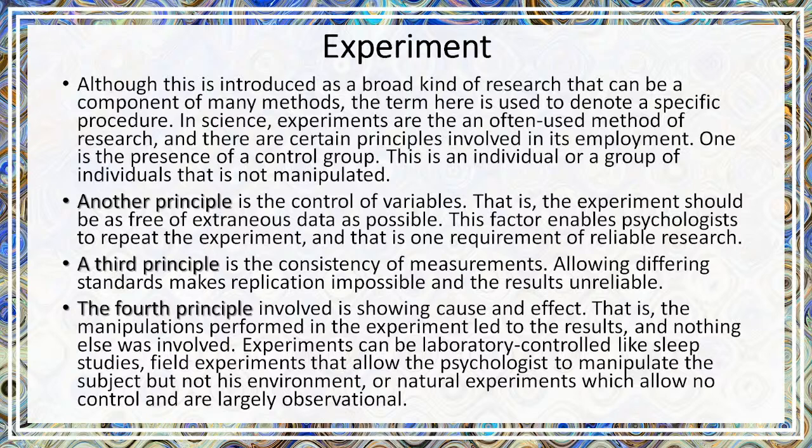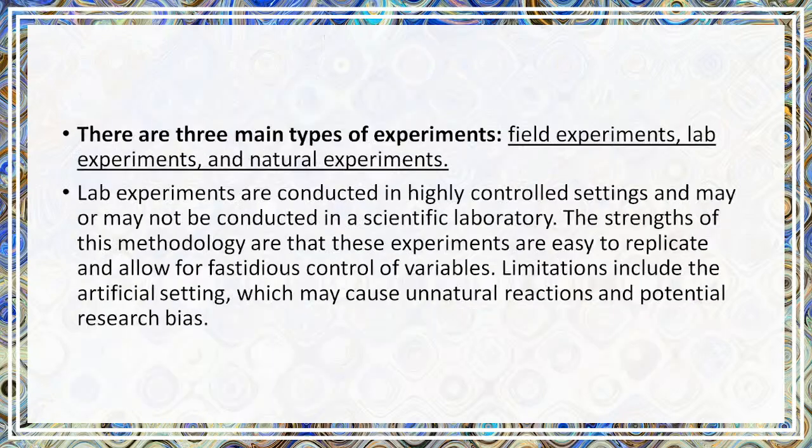Experiments can be laboratory controlled, like a sleep study, for example, field experiments that allow the psychologist to manipulate the subject but not his environment, or natural experiments which allow no control and are largely observational. Of course, experiments are the hardest methods in psychology. And there are three main types of experiments: field experiments, lab experiments, and natural experiments.